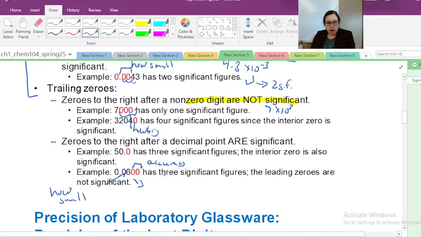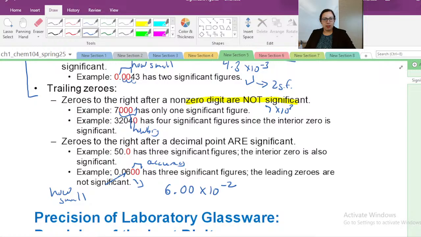And so we could rewrite it as 6.00 times 10 to the negative 2. And this more clearly shows that we have 3 sig figs. We measured this accuracy, and then this 10 to the minus 2 shows how small in this case. So does that make sense on those basic rules so far? And then we'll do some practice.